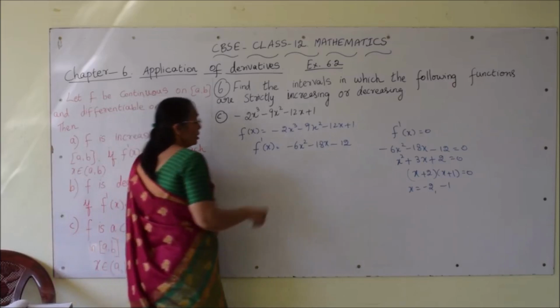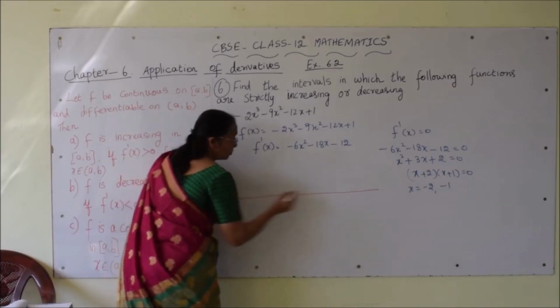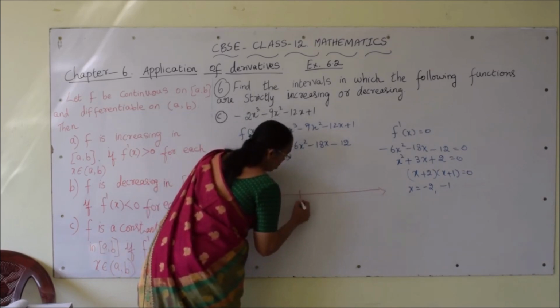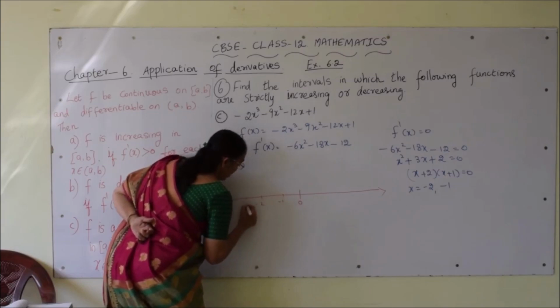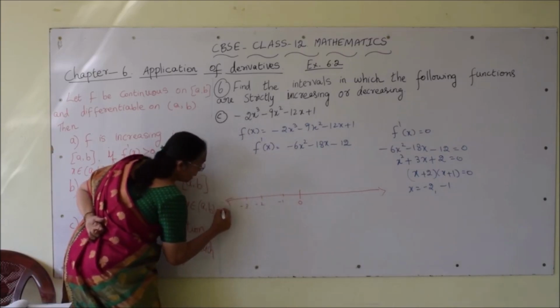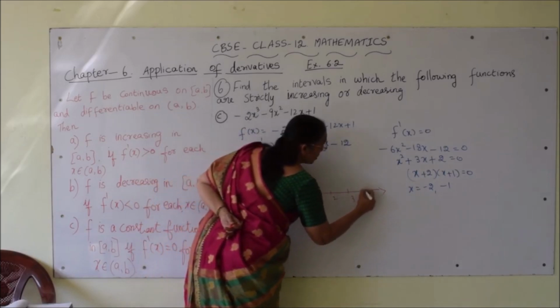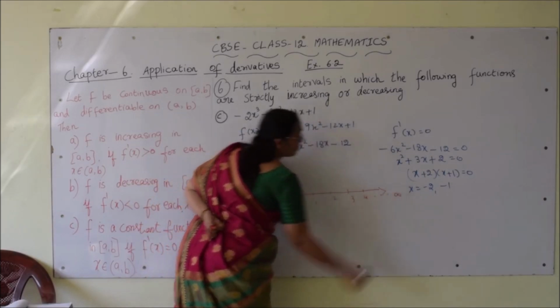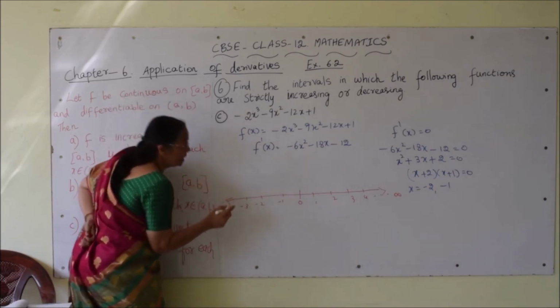Let me draw a number line. This is, suppose, the origin. Now negative 1, negative 2, negative 3 and so on, up to minus infinity on this side, and here we have 1, 2, 3, 4 and so on, up to infinity. The turning points are minus 2 and minus 1.